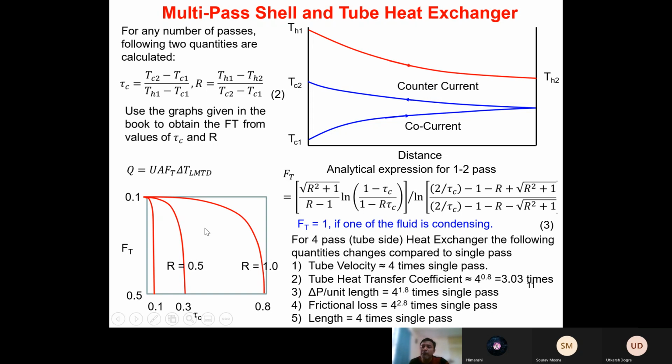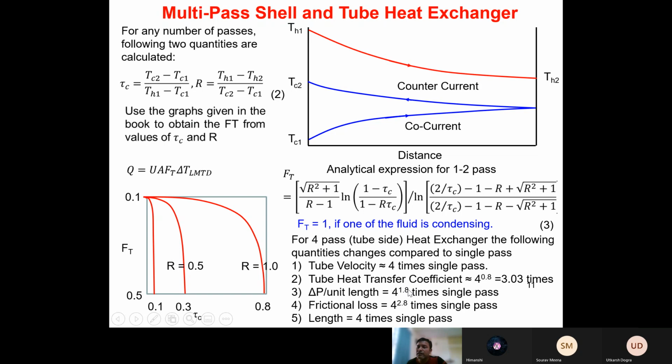So let's say you are having a single tube side pass and you are having 4 tube side passes, what are the different quantities and how are these going to change? If we are having a 4 tube side pass heat exchanger and I compare that with the single tube side pass heat exchanger, you can see that the tube velocity in the 4 pass heat exchanger will be 4 times the single pass.